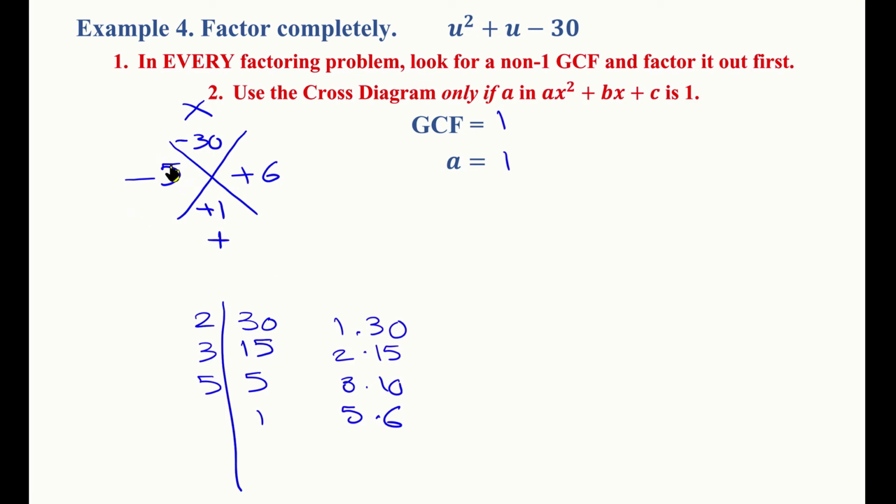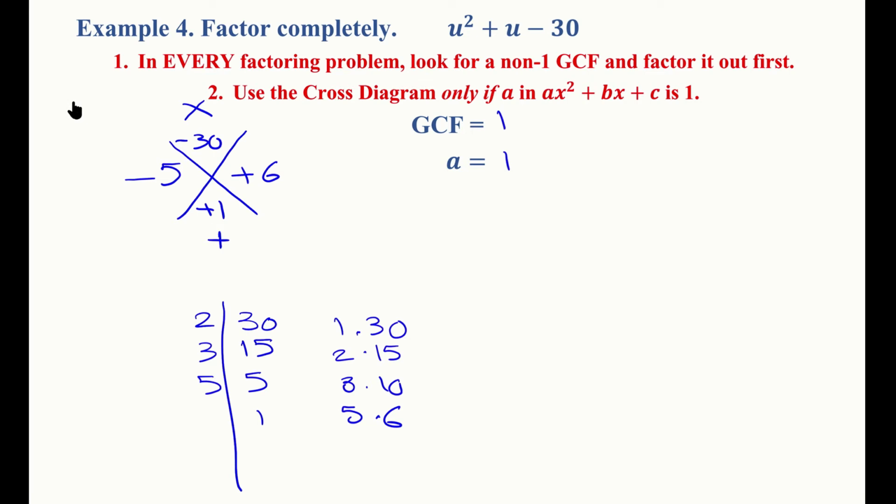Because now watch. When you multiply these two, negative 5 times positive 6, you get negative 30 as desired. And when you add them, negative 5 plus 6, that's positive 1. So that's exactly also what we wanted.